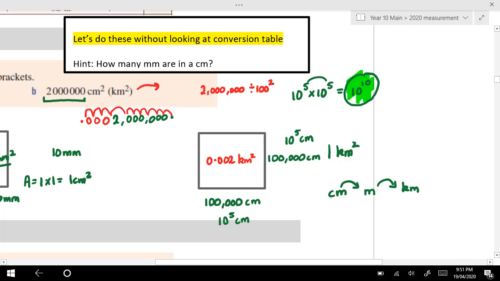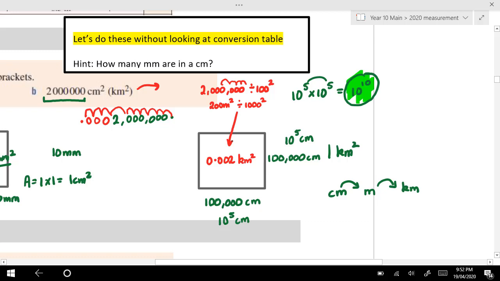Dividing by 100 squared would say that 2 million centimeters squared is the same as going back 1, 2, 3, 4, that's 200 meters squared. Then once again you need to divide by 1,000 squared, since it's 1,000 meters in a kilometer, and that's what gives you this result.